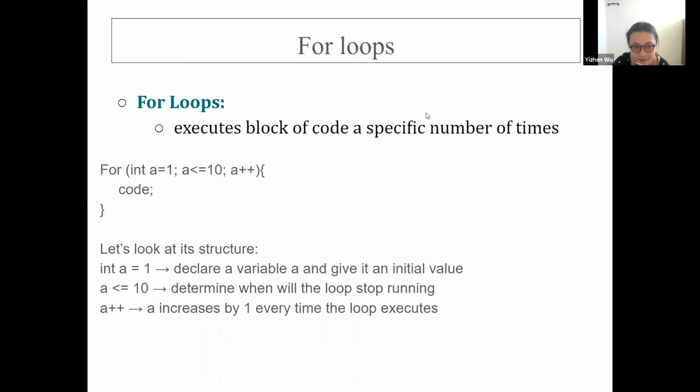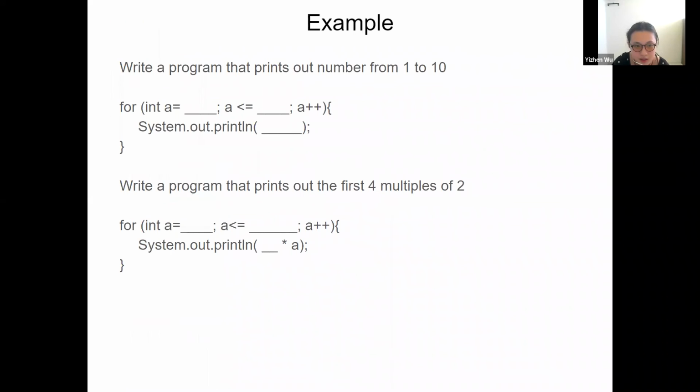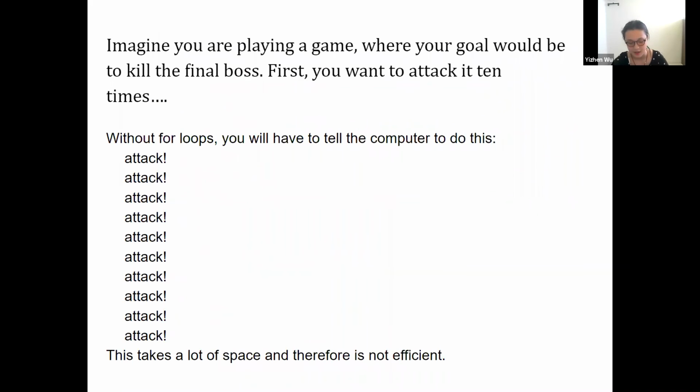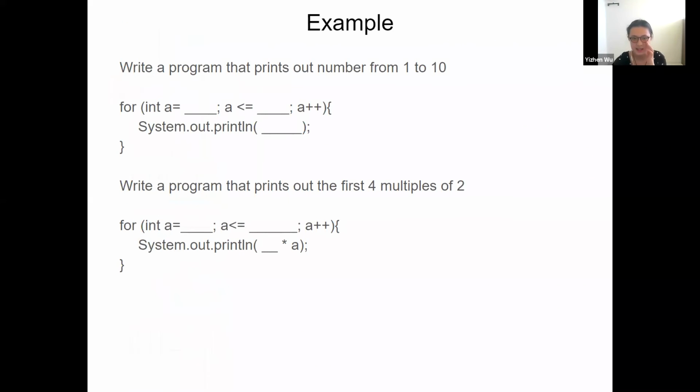Next, we're going to look at another example, but this time we'll be looking at for loops. So we have two programs right here. For the first one, we want to write a program that prints the numbers from 1 to 10. So we want to start from 1 and end at 10.